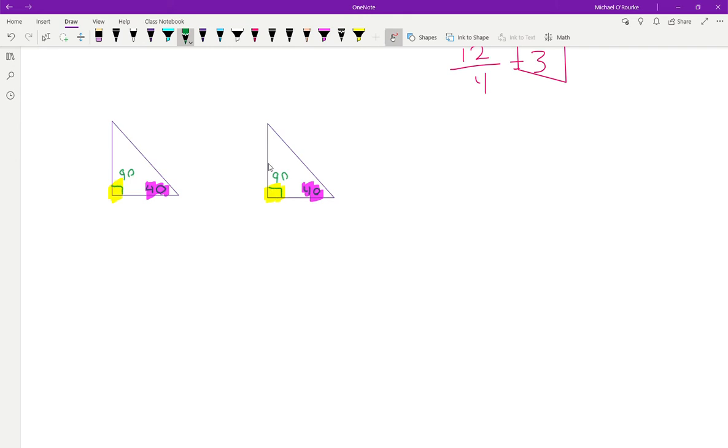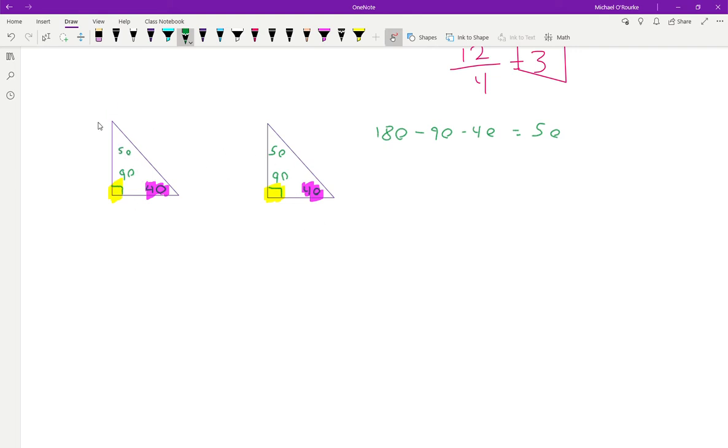So this is because if these 2 are equal, if we remember there's 180 degrees in a triangle. So if we have 90 and 40 in each of one of these, that means we have only 50 left. So that means this last one is going to be 50. And if all 3 angles are the same, it's going to be similar as well.